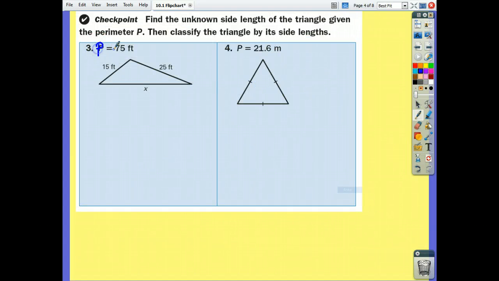They're telling me that the perimeter is 75 feet. Help me set this up. What would I do?